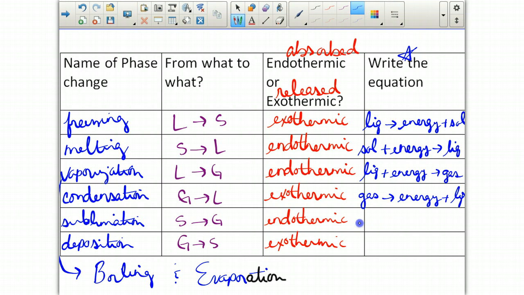For sublimation, a solid has to absorb energy to become a gas. And for deposition, a gas would have to release energy to become a solid.